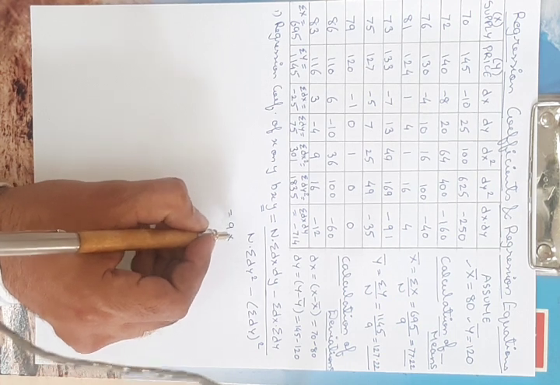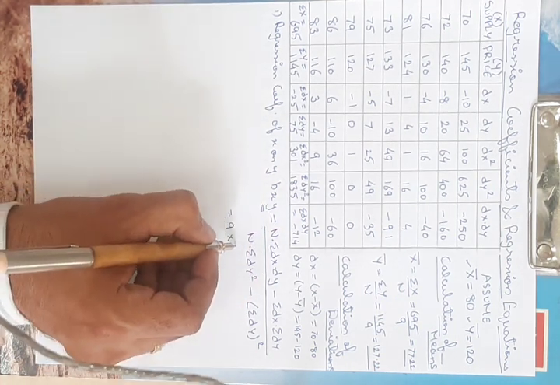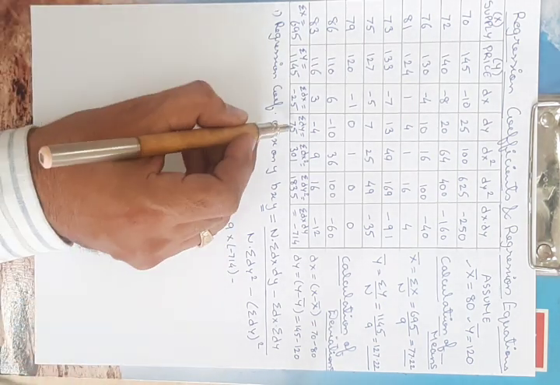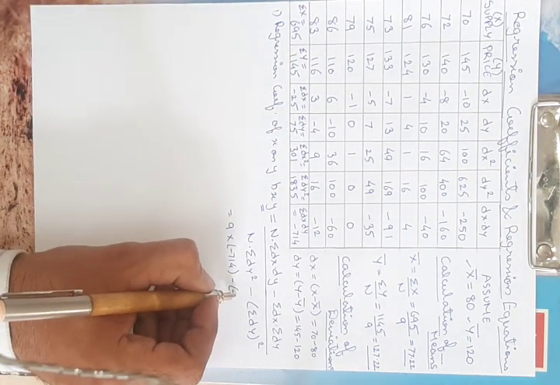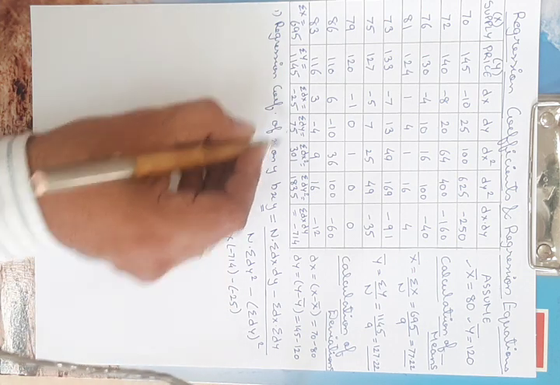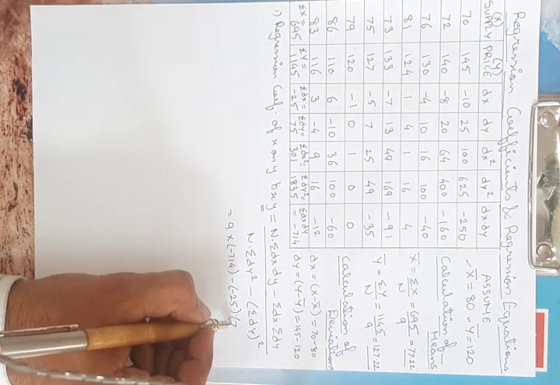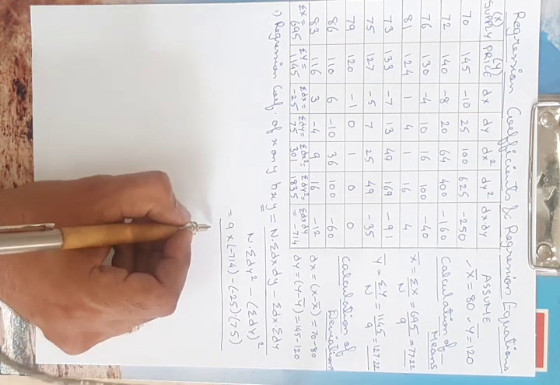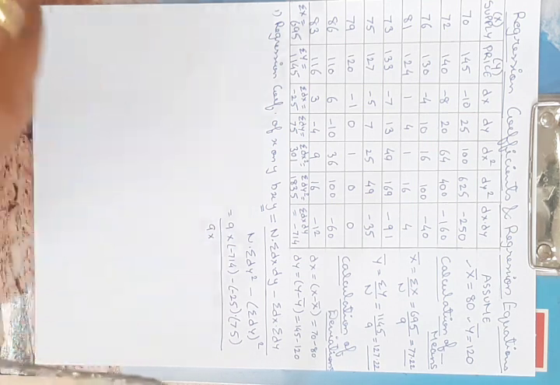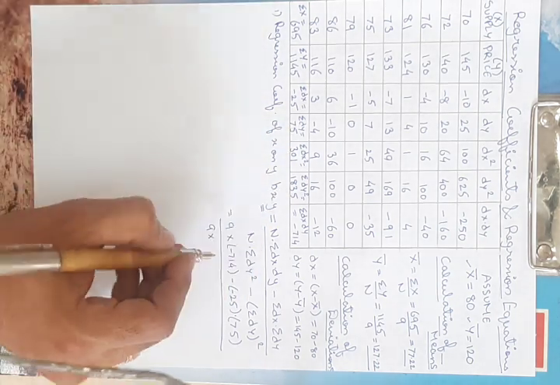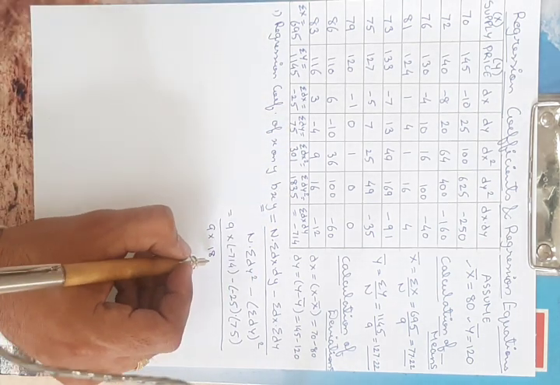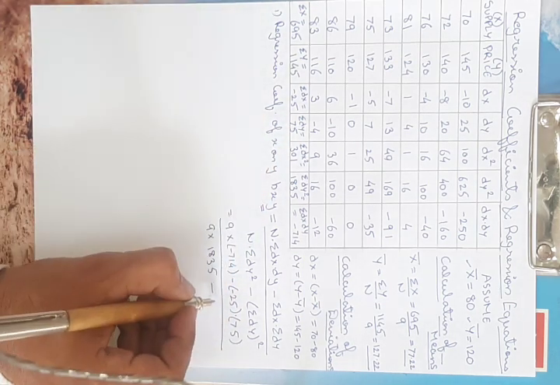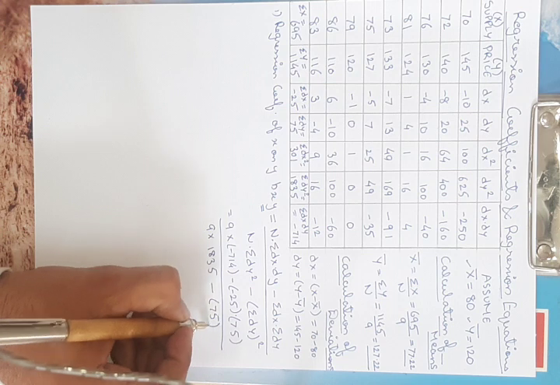So this is 9 multiplied by summation of dx dy, that is minus 714, minus summation of dx, that is minus 25, into 75. This is divided by 9 multiplied by summation of dy square, which is 1835, minus summation of dy, that is 75, bracket square.